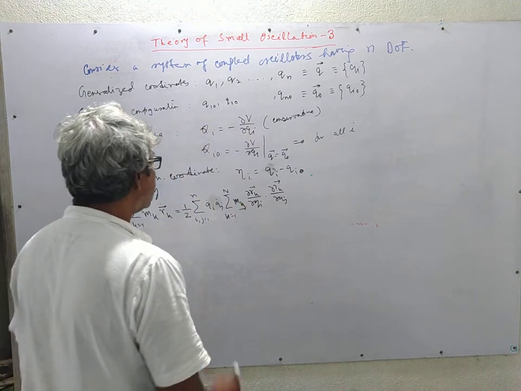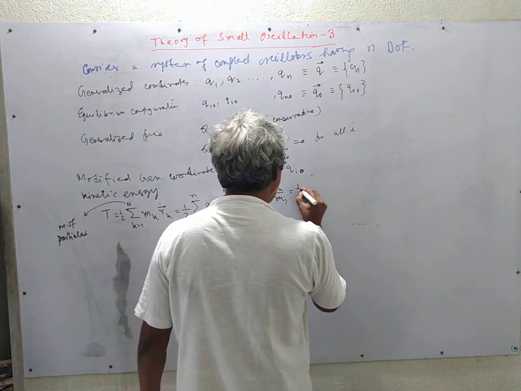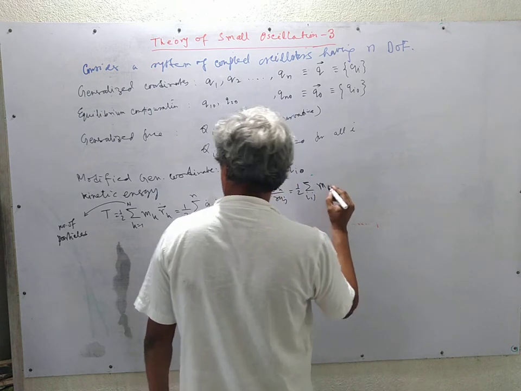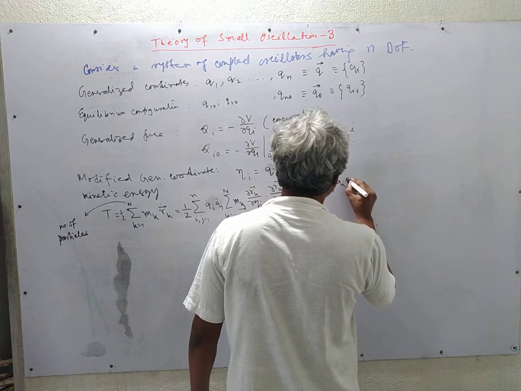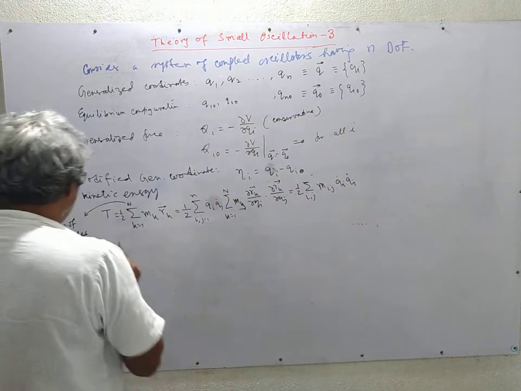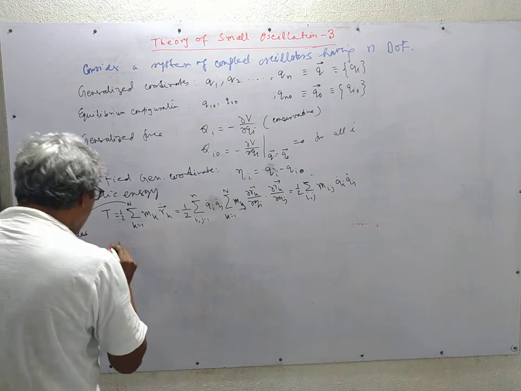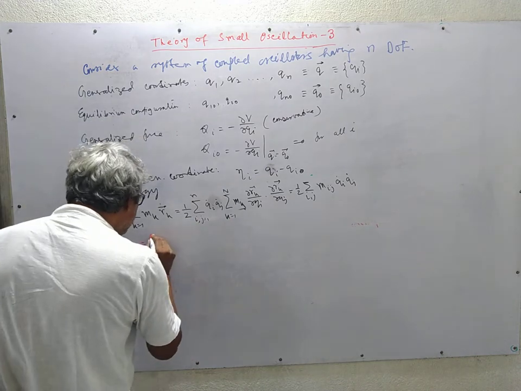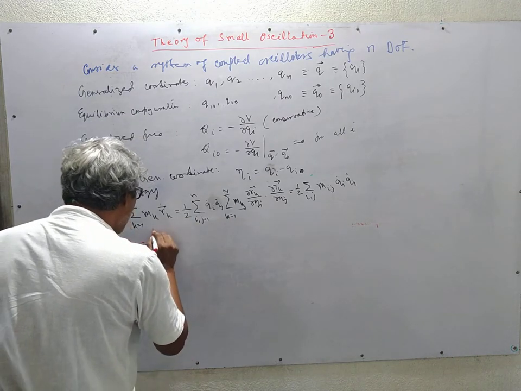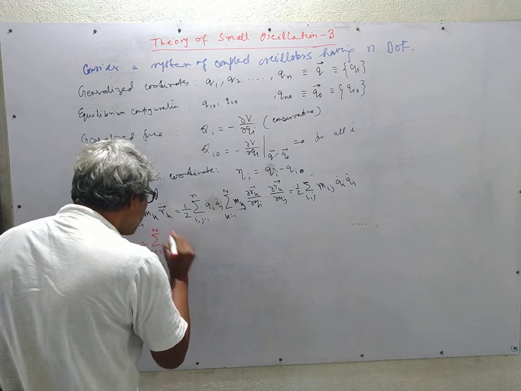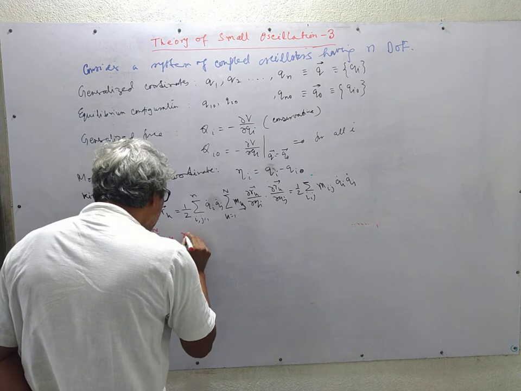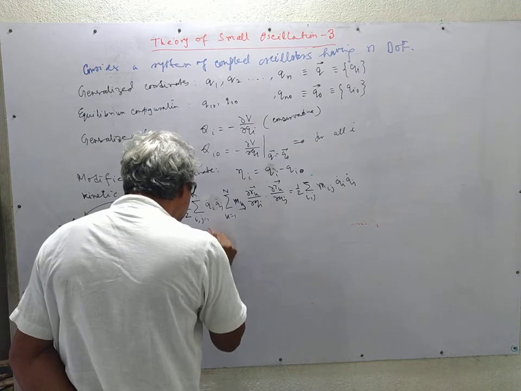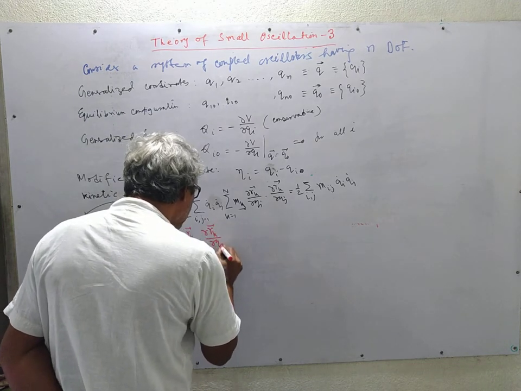So this is written as half summation over ij mij qi dot qj dot, where mij is defined as summation over k is equal to 1 to capital N mk del rk del qi del rk del qj.